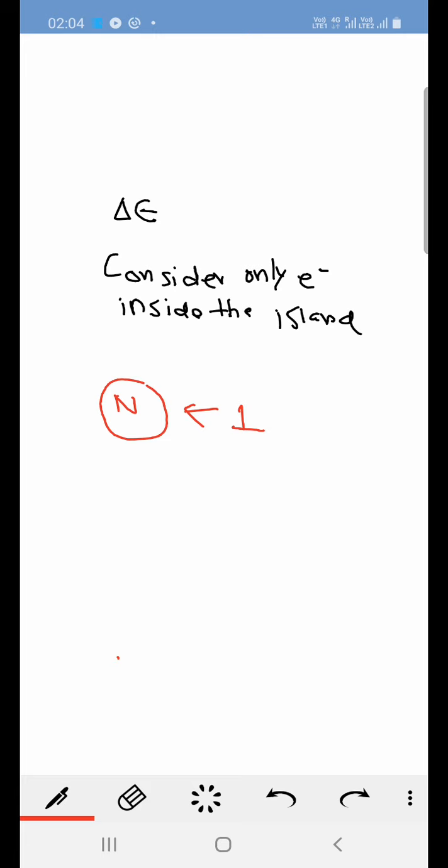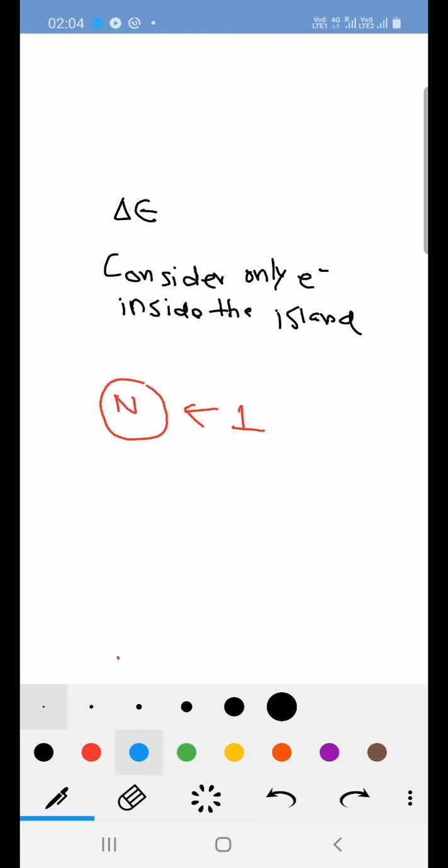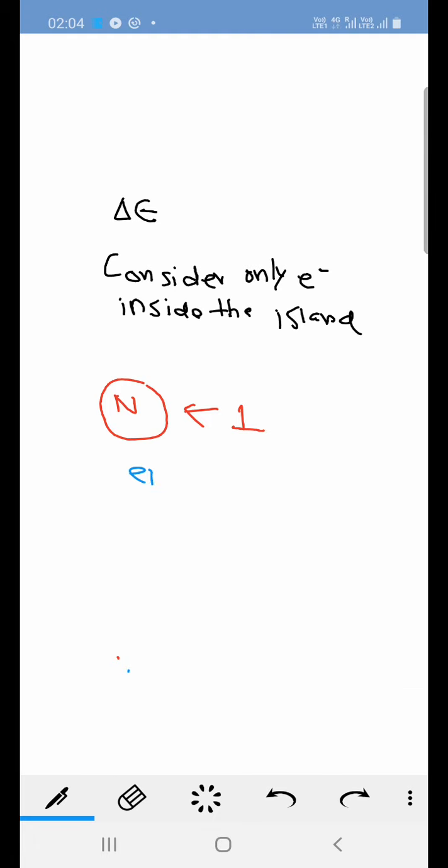This energy of repulsion or charging is given by U.